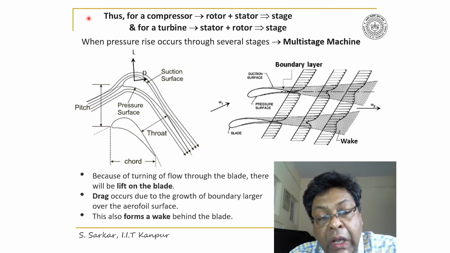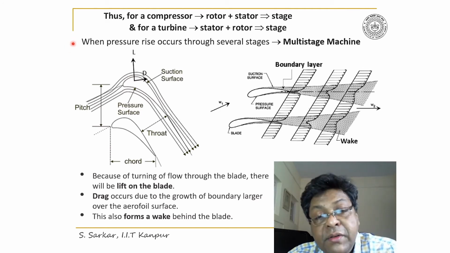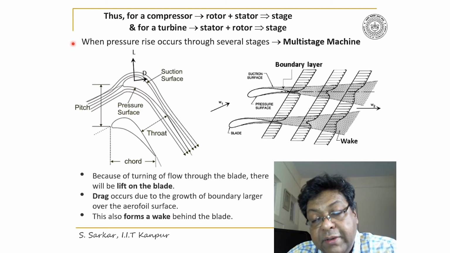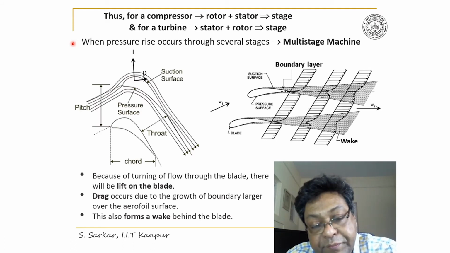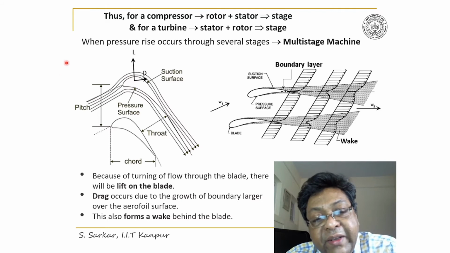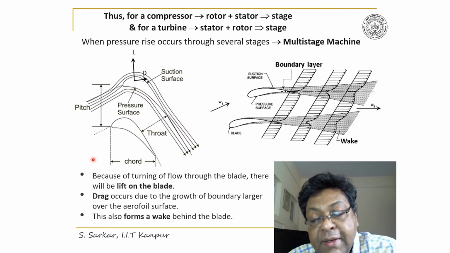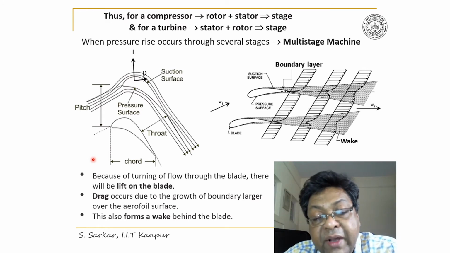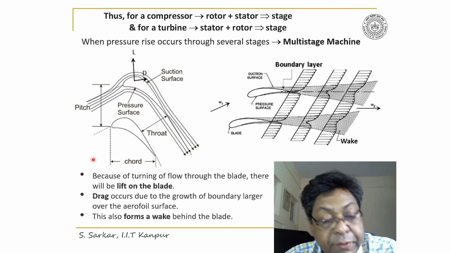And when the pressure rise occurs through several stages, the machine is called a multi-stage machine. Now, through this sketch, I have illustrated how the lift and drag develop on blades.